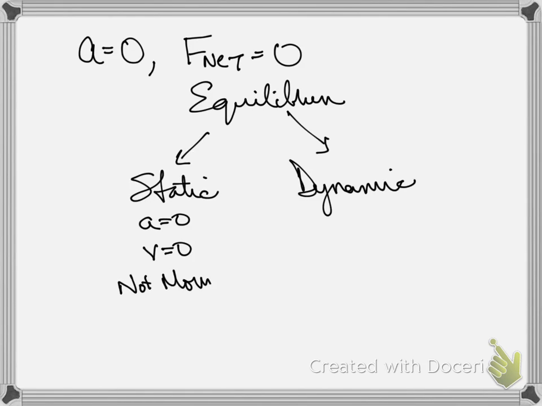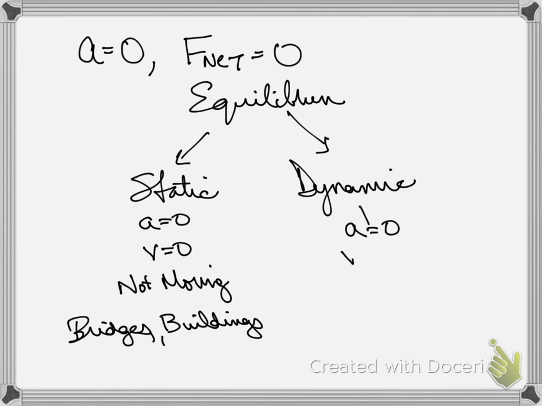This is kind of important for things like bridges, buildings, teachers sitting in chairs and wanting to remain in their chairs. Dynamic equilibrium, A is 0, but there's another way that you cannot be accelerating, and that's if V is a constant.